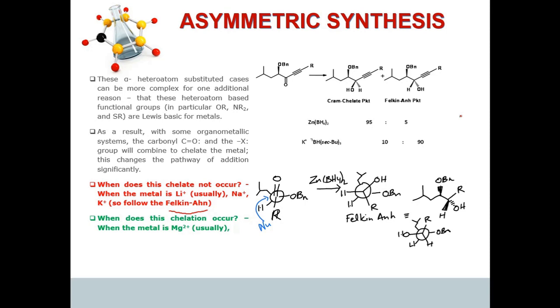When the metal is divalent, like Zn2+, Cu2+, etc. And this Cram chelation control leads to a reversal in selectivity. Now, these two situations arise only when we have a heteroatom in the alpha carbon, the carbon which is adjacent to the carbonyl group.